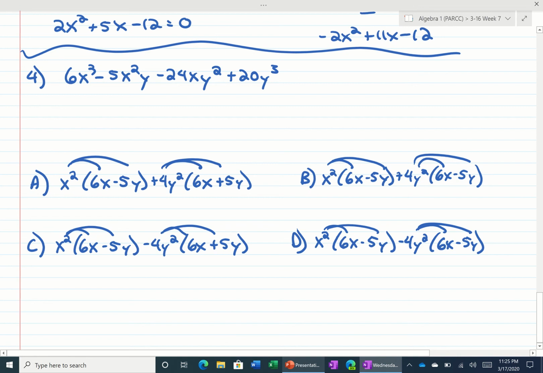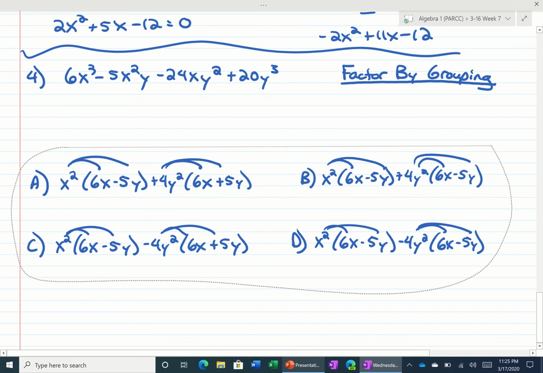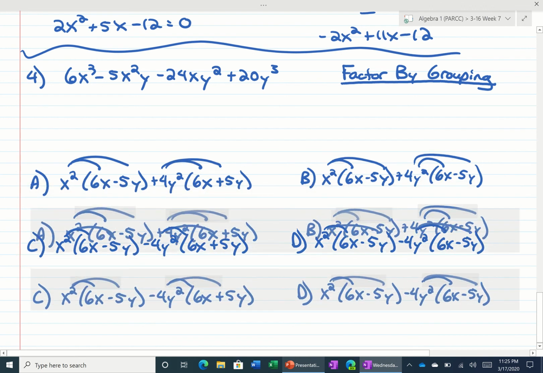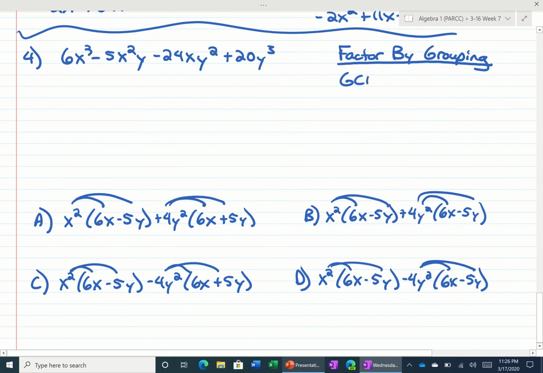One thing that might be confusing is to do what's called factor by grouping. Factor by grouping means we cut the problem in half and take out a GCF from each half. Hopefully you're learning about this in your Algebra 1 classes. What a GCF means is greatest common factor.